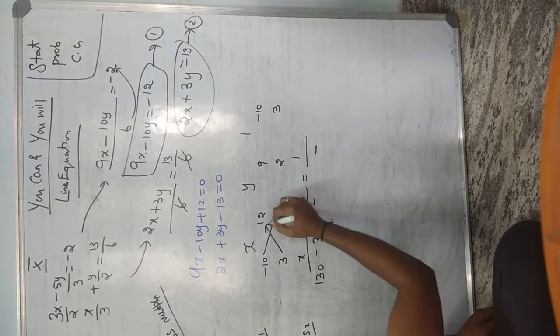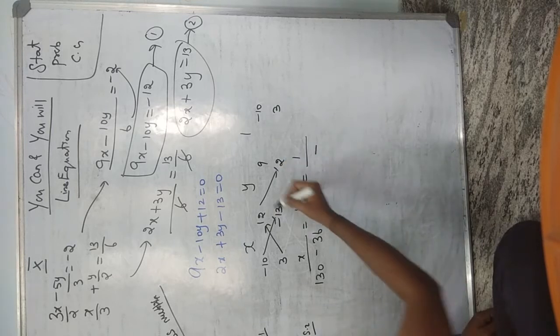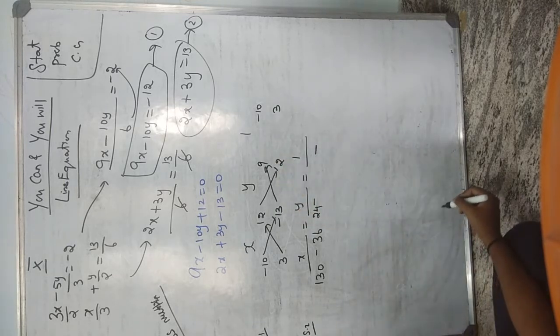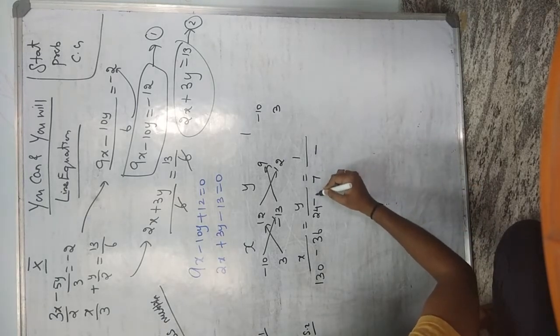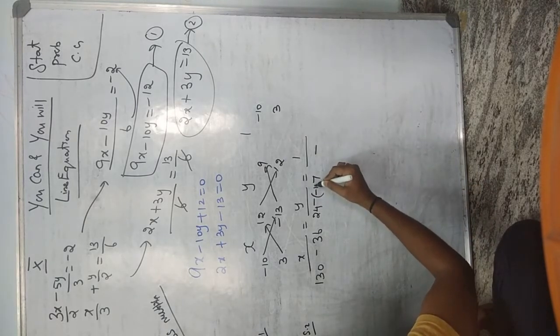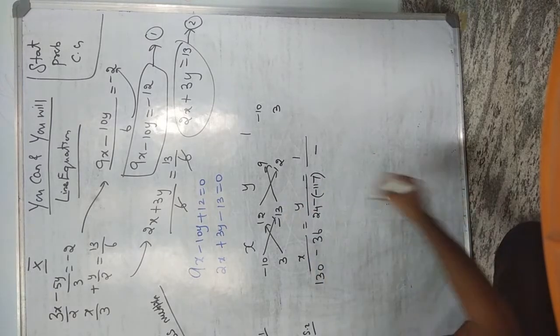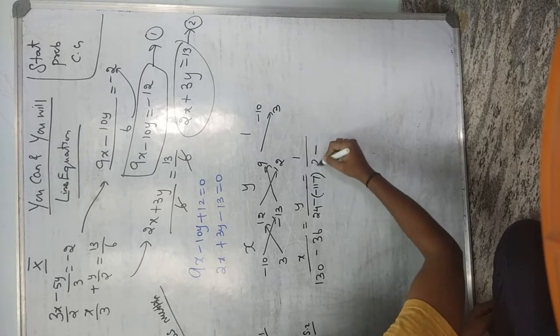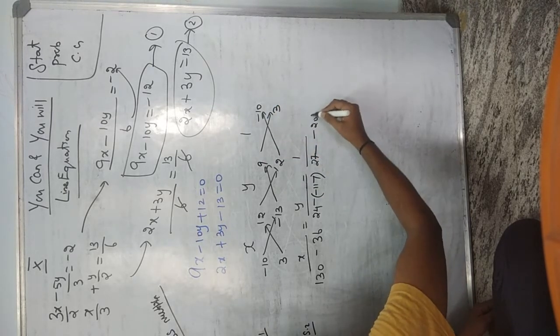Now, next step, 12 times 2, 24. Minus 13 times 9, minus 117. Next, last one, 9 threes are 27. This one minus 20.